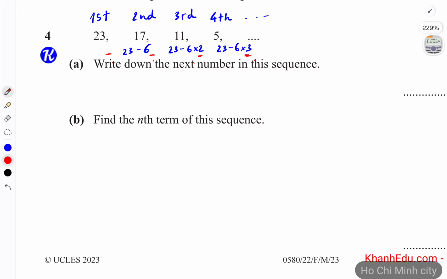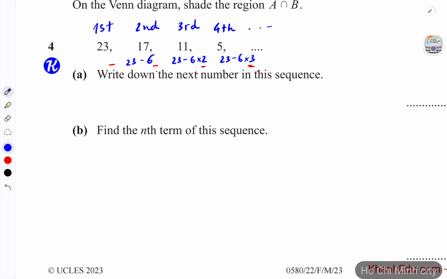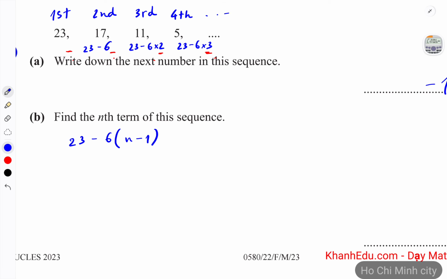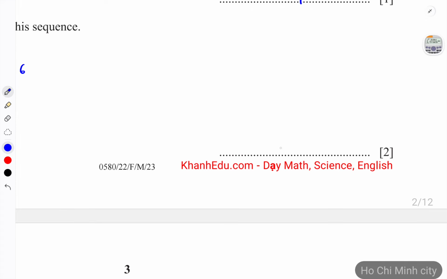So we can write the nth term as this formula. So 23 minus 6 times n minus 1. All right, so it's time to simplify this. 23 minus 6n, plus 6. So we have 29 minus 6n. We will put the answer here.